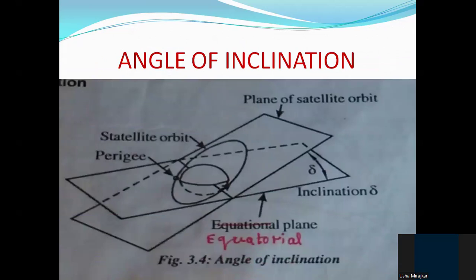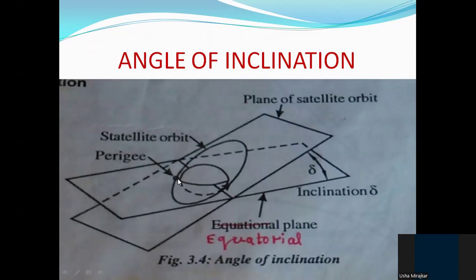Now, what is the angle of inclination? This is the Earth, and the satellite is revolving. This is the orbit of the satellite. This is the smallest distance, called the perigee. The distance between the satellite and the Earth, which is the shortest distance, is called the perigee.